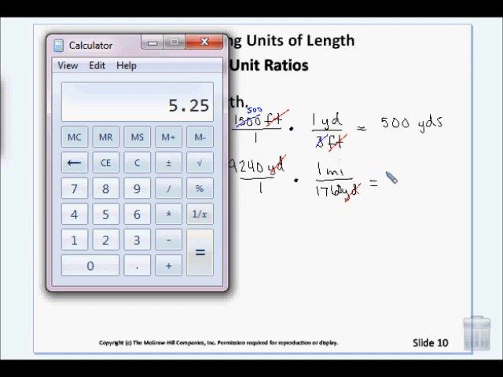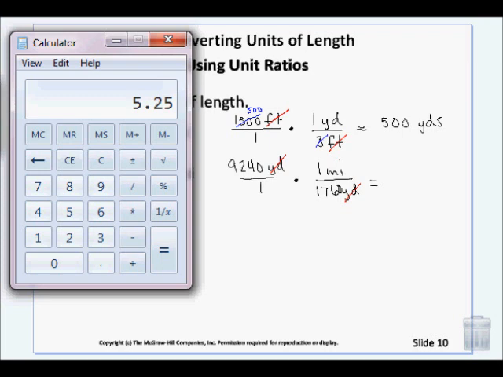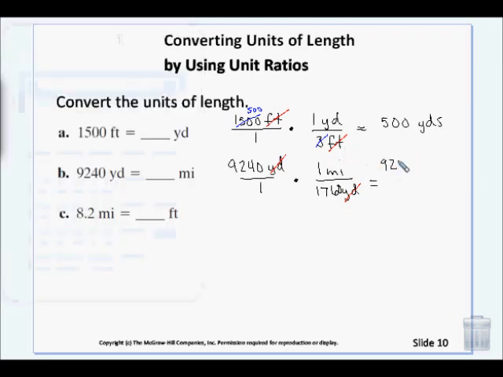Okay, so if I cross-canceled this, or I could just multiply straight across. That's a mile. So it's 5.25 miles. And the reason it's miles is because that's the units that I was trying to get to.